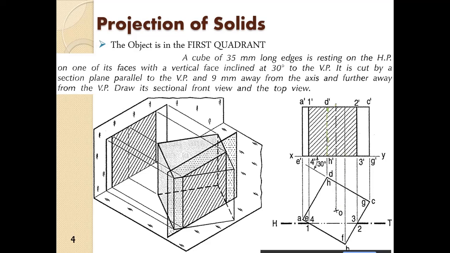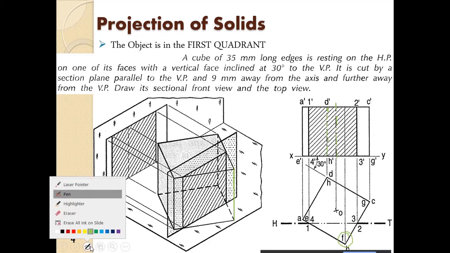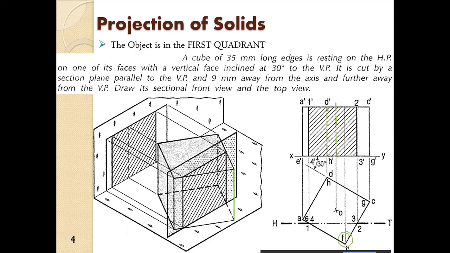This is the axis, so dash dot dash line, this is the axis. And this is the outer edge over here, FH is the outer edge, so that you have to show as a straight line.